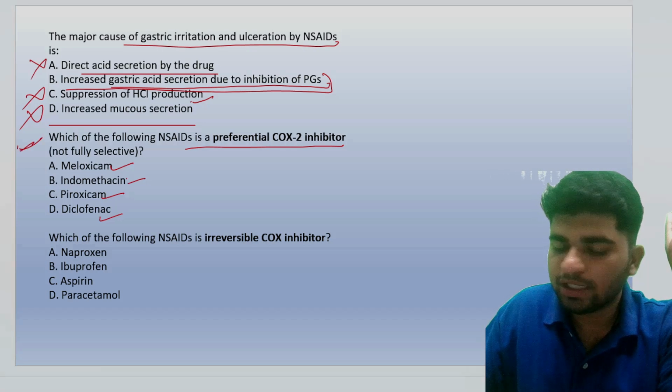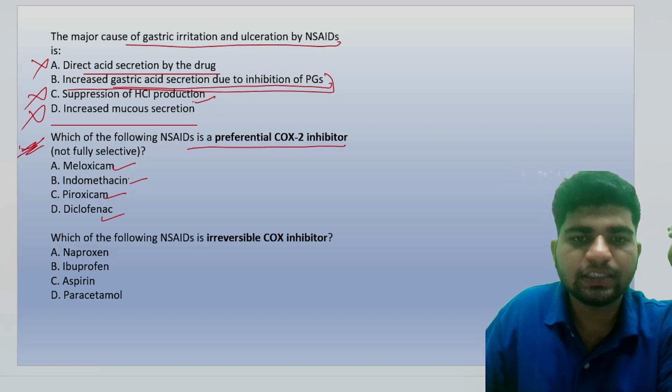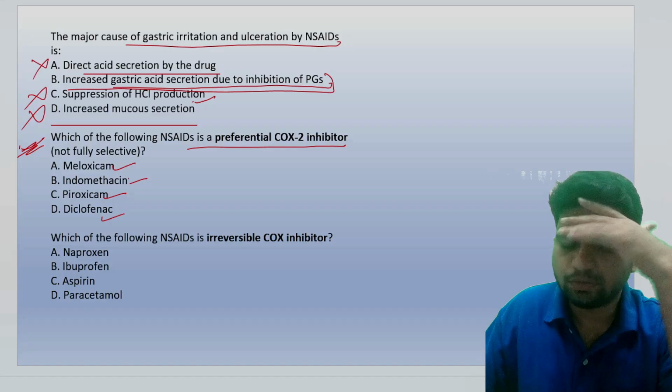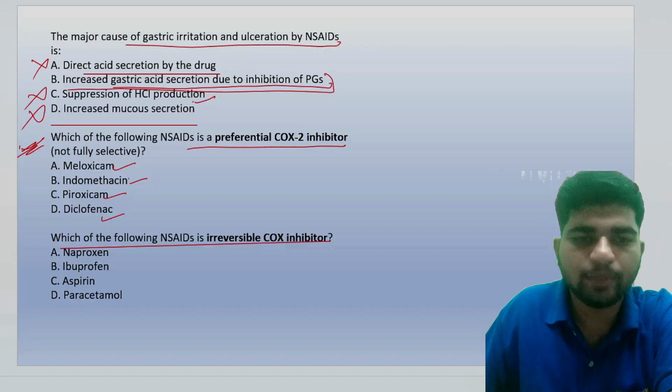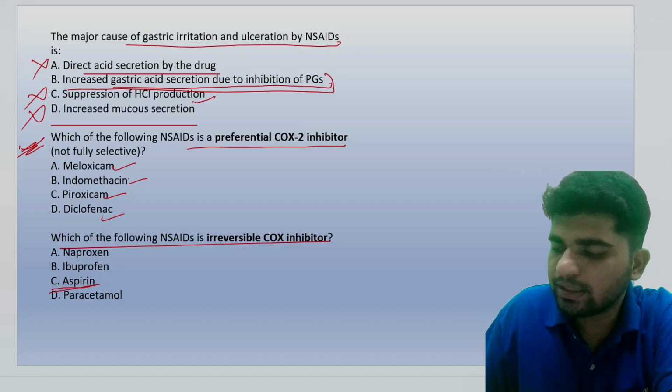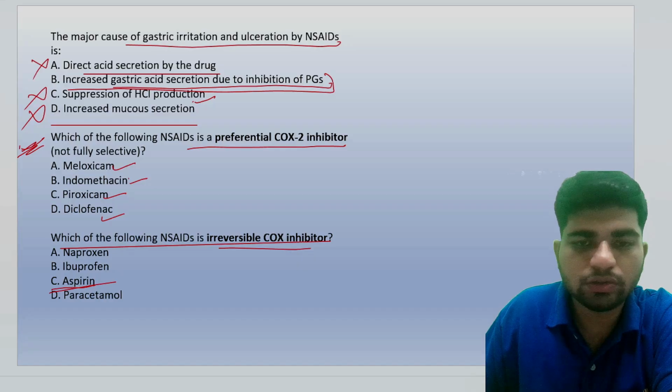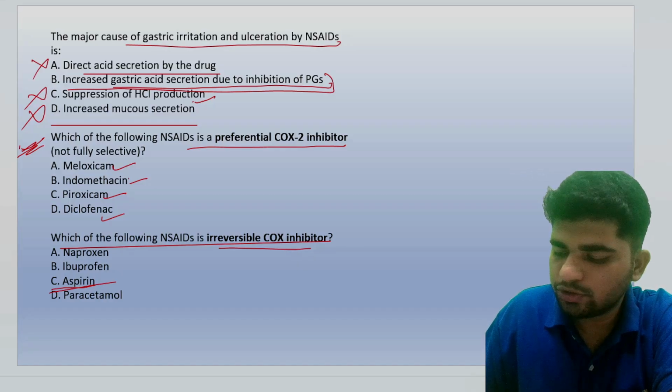Right? So, which of the following NSAIDs is an irreversible COX inhibitor? I've just told you guys that aspirin is an irreversible COX inhibitor drug. All right.